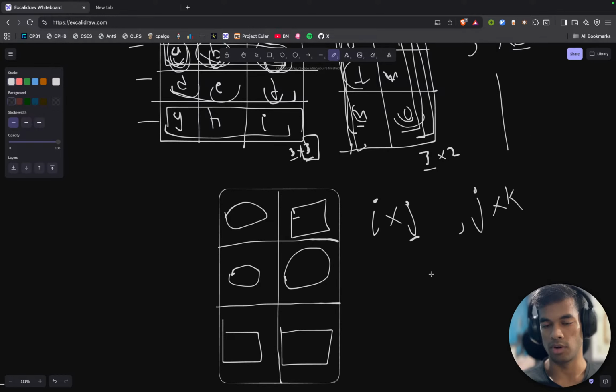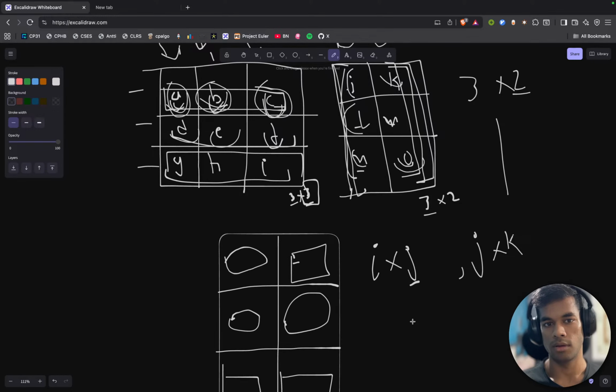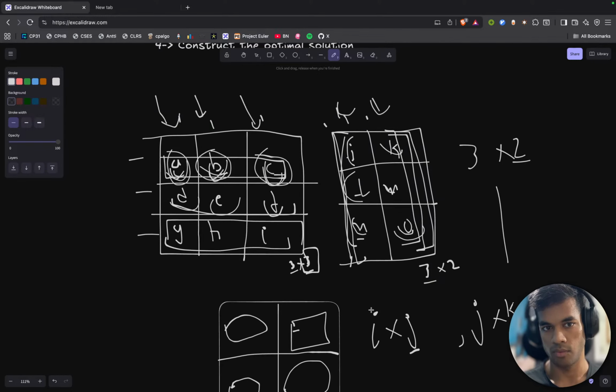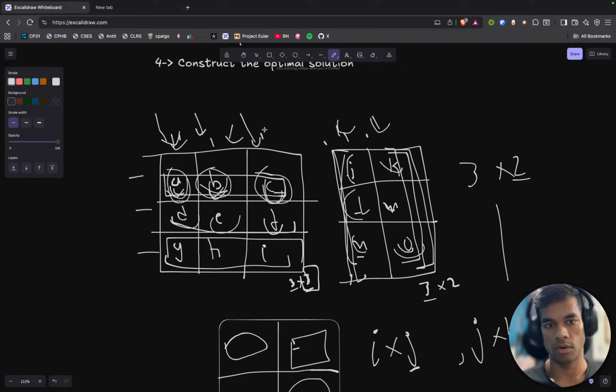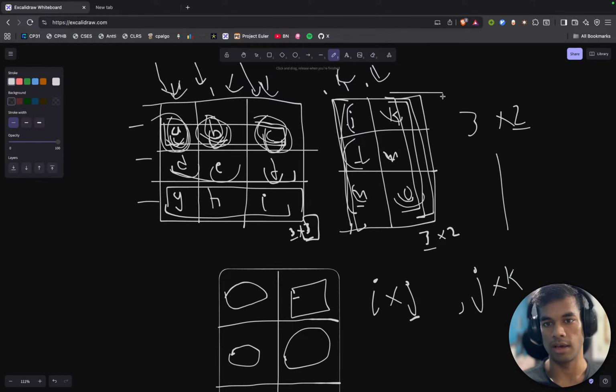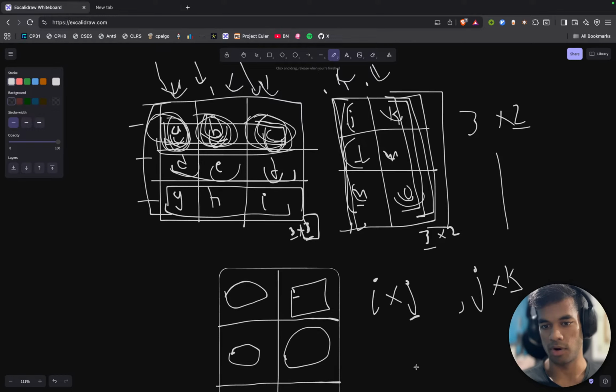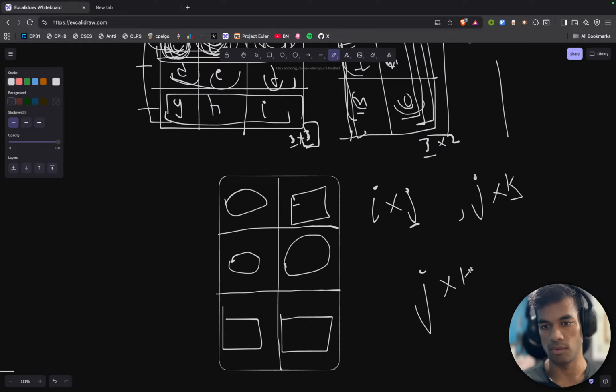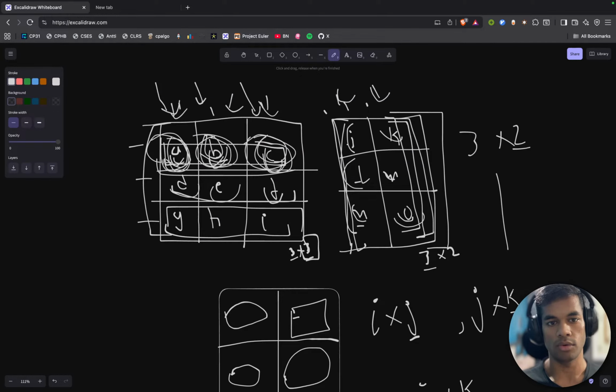So the total number of scalar multiplications is going to be j, which is the number of columns, and each column is multiplied k number of times. So j into k, and also there are 3 rows, which is i.